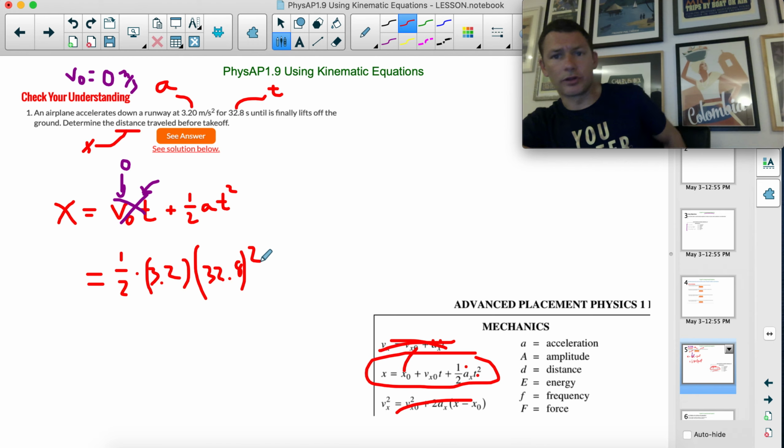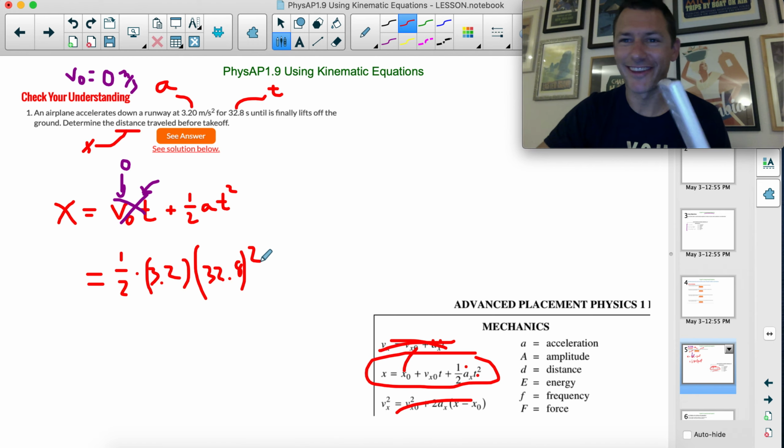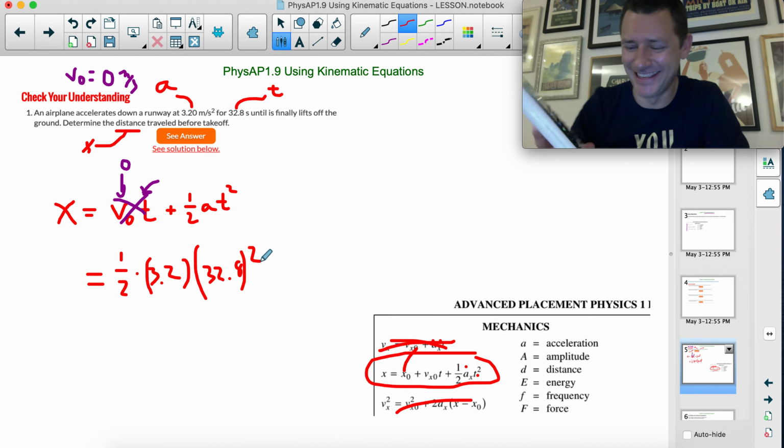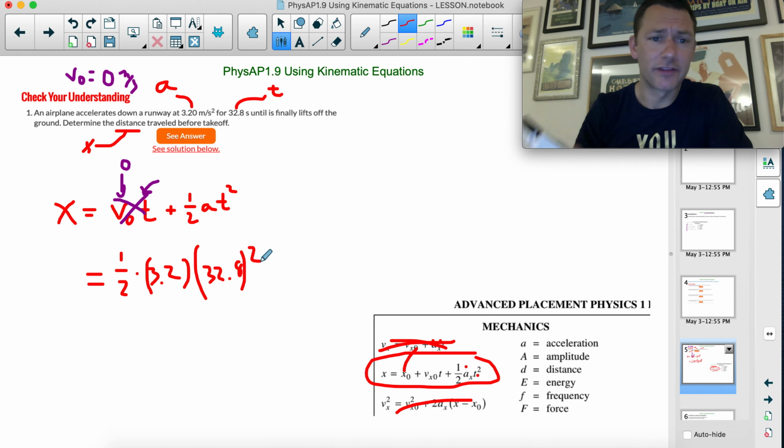Grab a real calculator. Yes, I had one in my pocket. Don't judge me. Grab a real calculator, not your phone, so you don't get messed up with your multiplication and start multiplying.